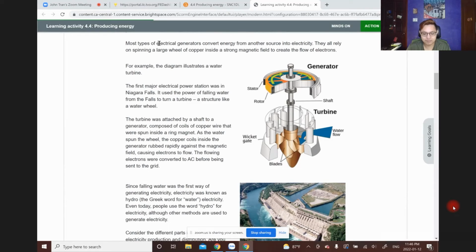They all rely on spinning a large wheel of copper inside a strong magnetic field to raise the flow of electrons. The first major electric power station was Niagara Falls.